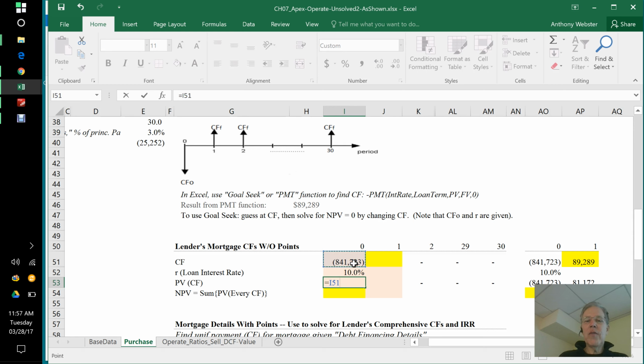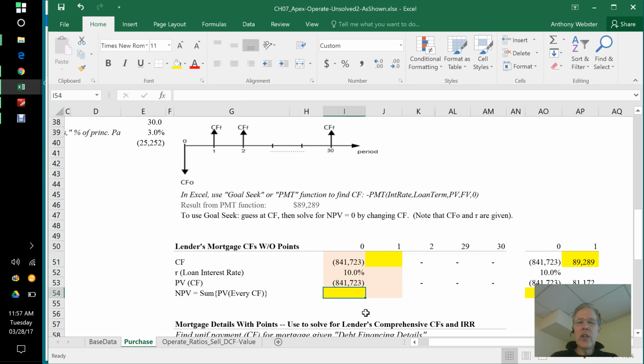It's going to be the 842,000 divided by 1 plus the interest rate, raised to the amount of time that's elapsed from that cash flow to t equals 0, which is handily up above. And we better get 841,723, which we do.